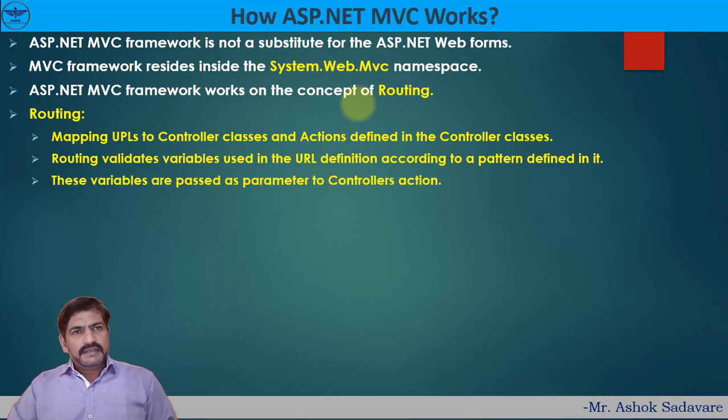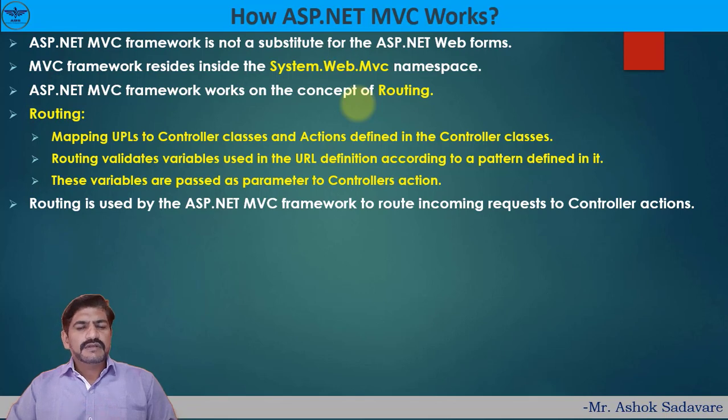These variables are passed as parameters to the controller action, and the particular action is taken on receiving the parameters. Routing is used to route an incoming request to a controller action; depending upon the request, the controller takes the particular action and passes the view to the user, and the view shows the data of the model.